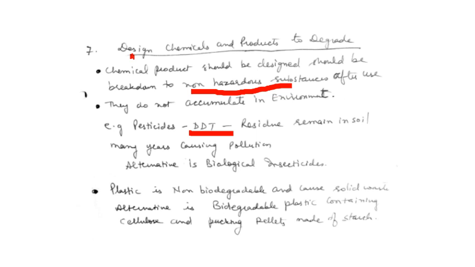DDT was used as a pesticide and now it is banned. When it was used as a pesticide, its residues remained in the soil, which caused pollution and a severe effect on our food chain. The alternative is to use a biological insecticide.